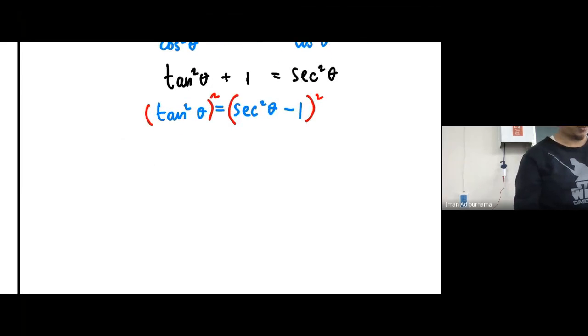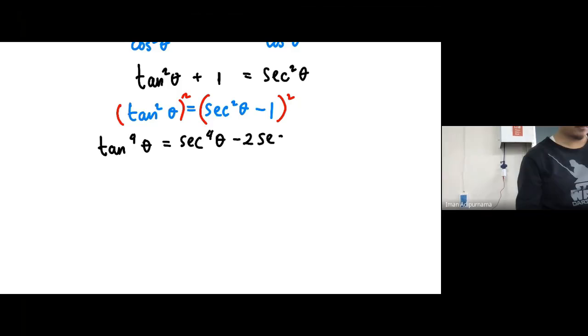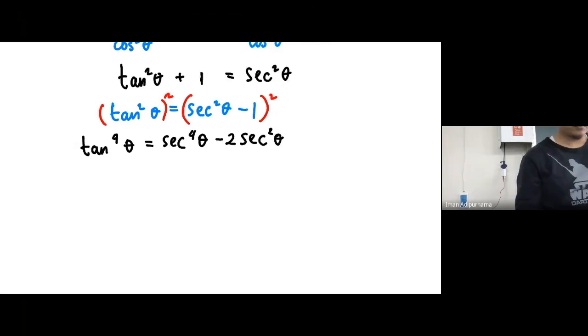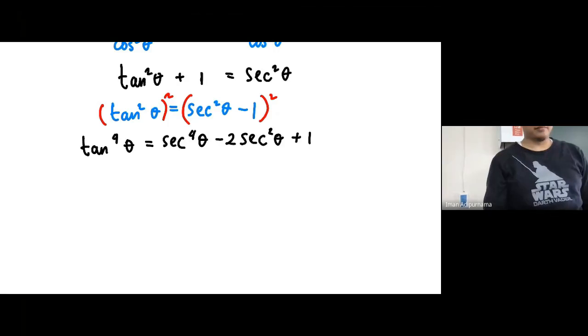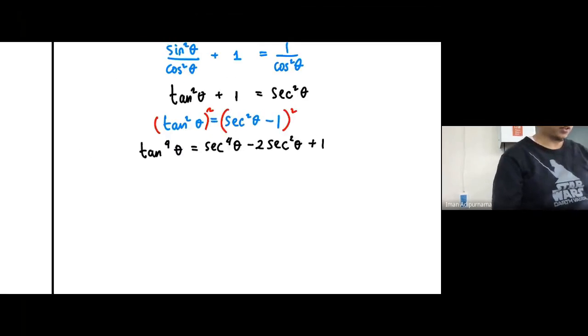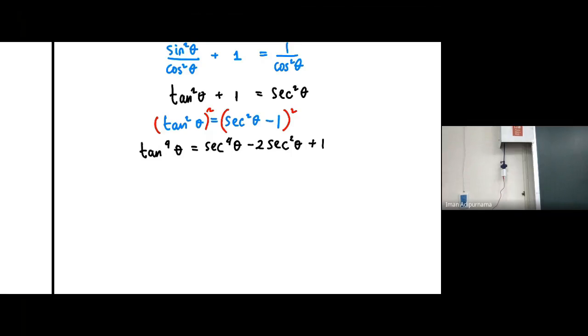It will be tangent to the 4, so this is my tangent with the power of 4. So you can do the tangent or the secant 4. It's in both equations, so you can do it from both sides.